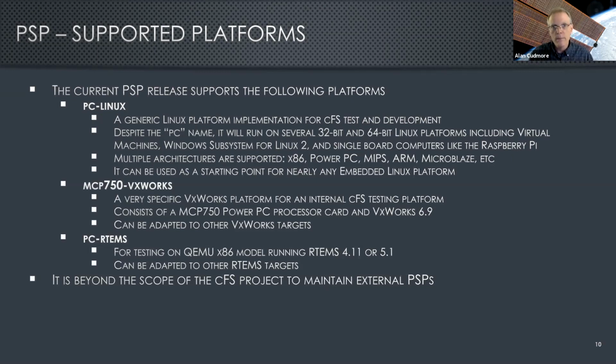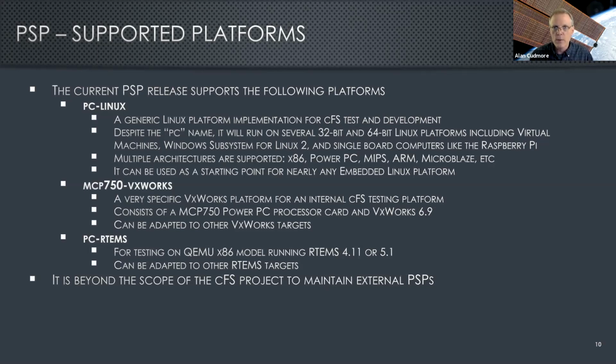So anyway, the PC Linux PSP supports multiple architectures like ARM, x86, PowerPC, Microblaze, and MIPS. So really, it's no magic that we're doing here. Linux really provides the ultimate abstraction for all of this. So the next PSP we support is the MCP750 VxWorks.